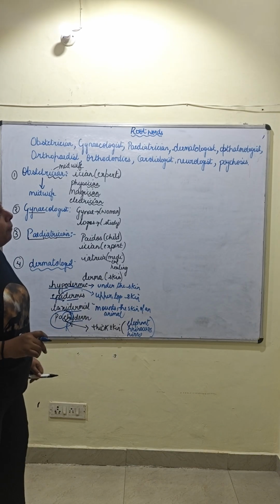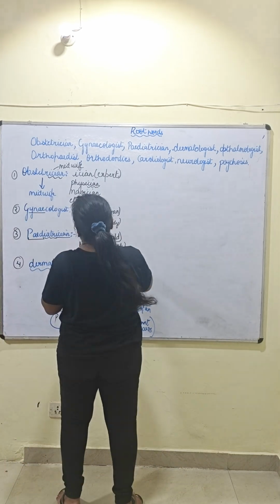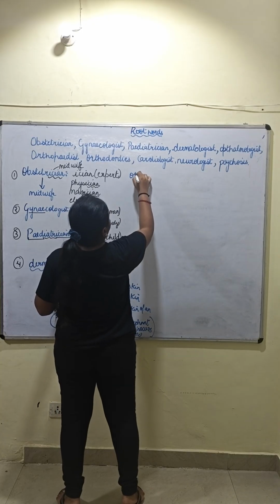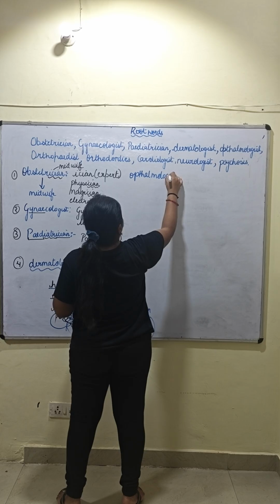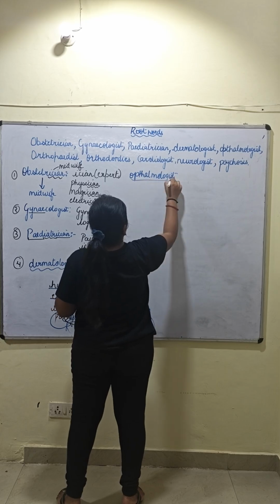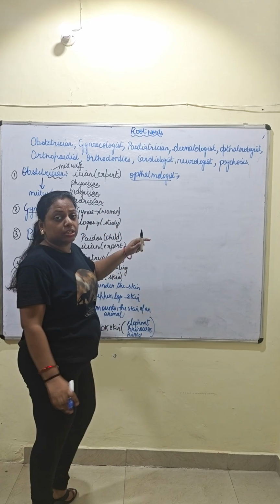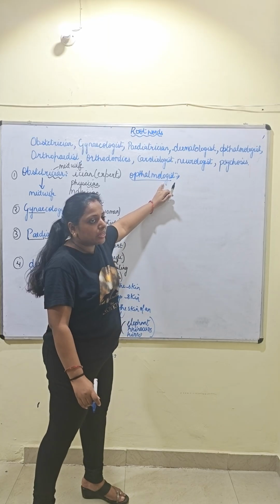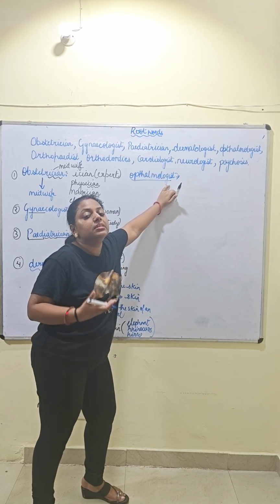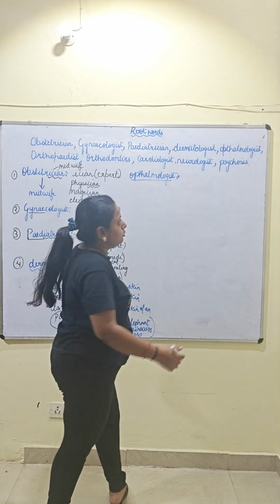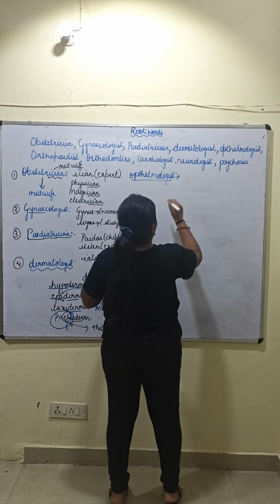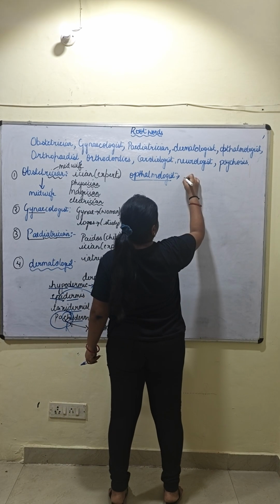Next, we have ophthalmologist. Let's break this word. Just now I told you that any word that has logos in it means study. Ophthal is eyes. So a person who studies the eyes, who takes care of the eyes.